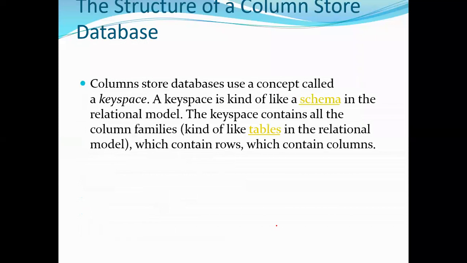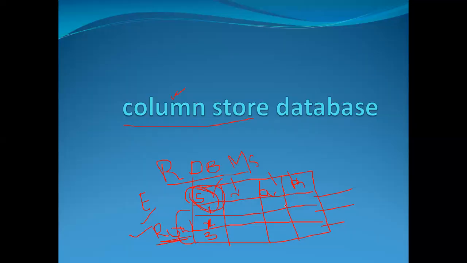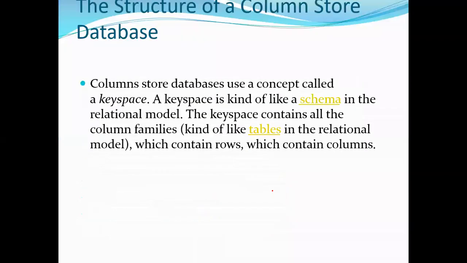Now, what is the structure of the column database? In the RDBMS, the structure is like a table. It has rows and columns, and the column names are called attributes. But the column store database has a concept called Keyspace.